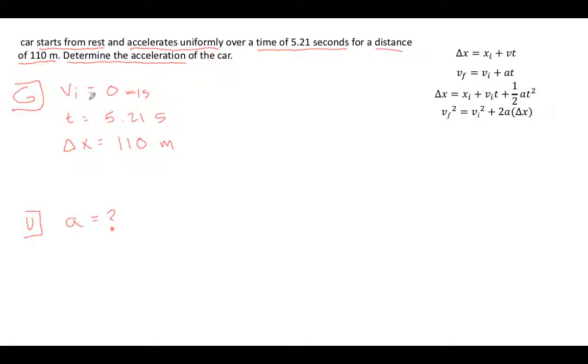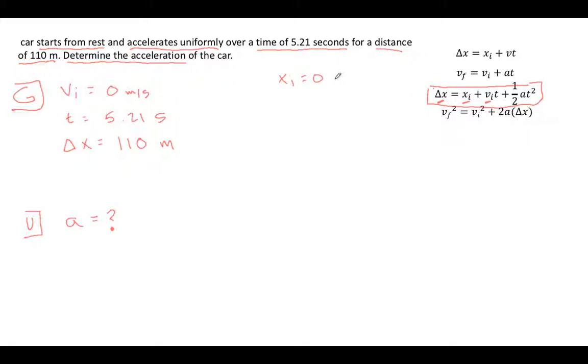Alright, so now we've got 4 variables here: initial velocity, time, distance, and acceleration. So which one of these equations best fits what we are trying to solve? I'm thinking that this equation will actually work. Now we might have to rearrange it a little bit, but we have initial velocity, we have delta x, we know xi equals 0.